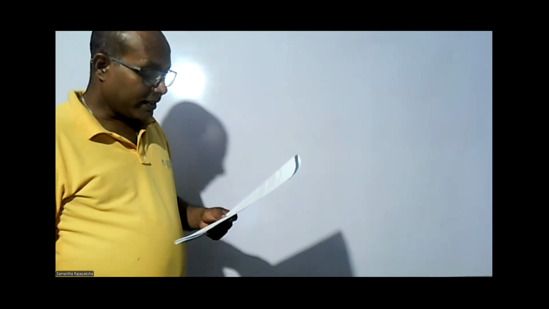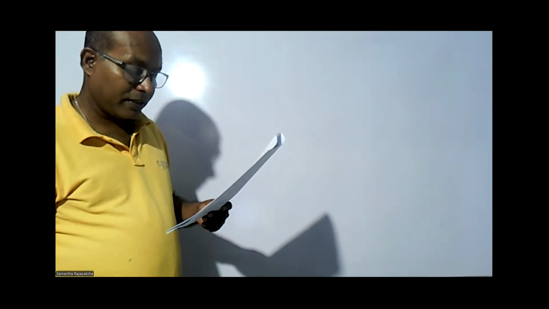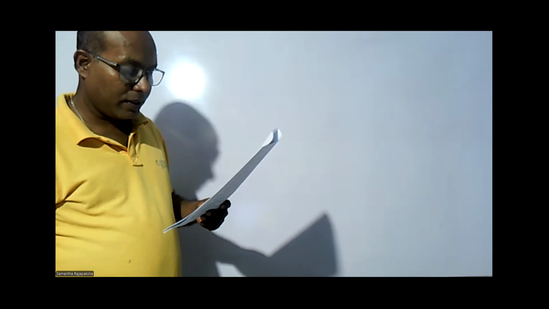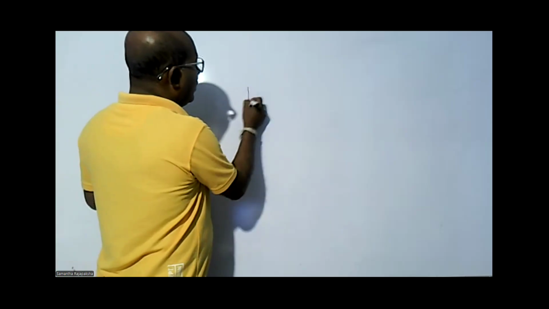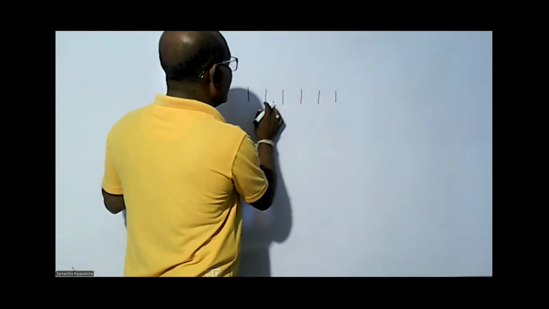Now, next question: we have a number with the binary part and the fraction. So how do you calculate this? Now we have 1, 2, 3, 4, 5, 6. Six ones are there. You can calculate this part separately.